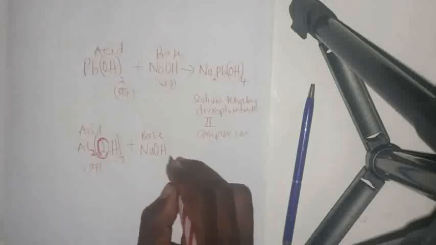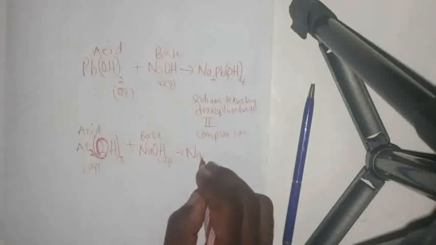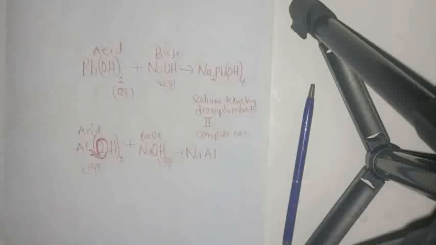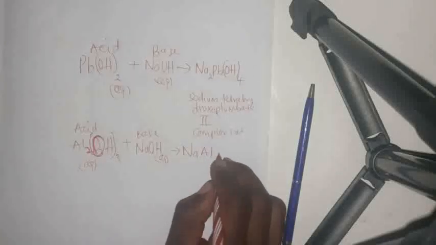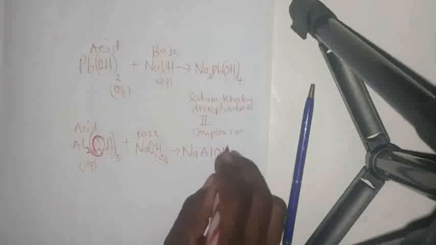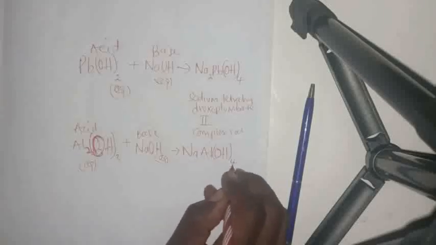Okay, so this is also aqueous. We shall also have sodium aluminium, of course tetrahydroxo as well, because it is also going to form a complex salt. So that will be NaAl, then we add OH in brackets, then put 4.